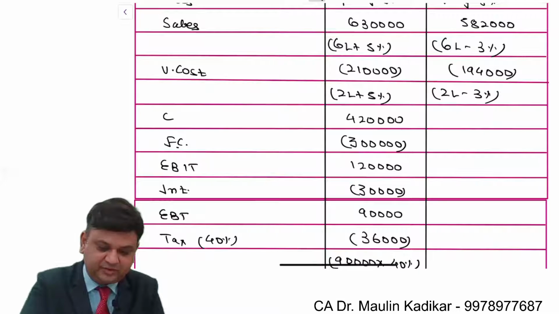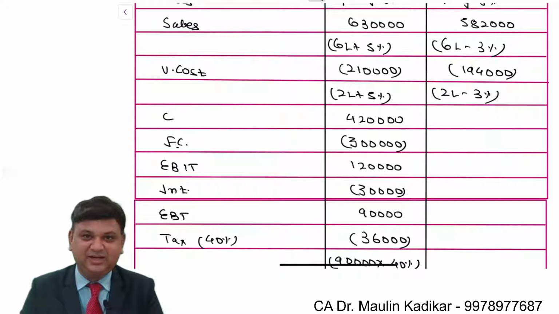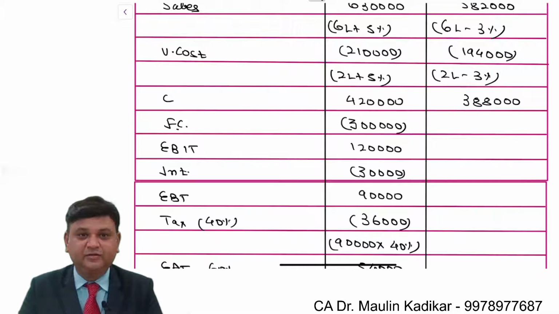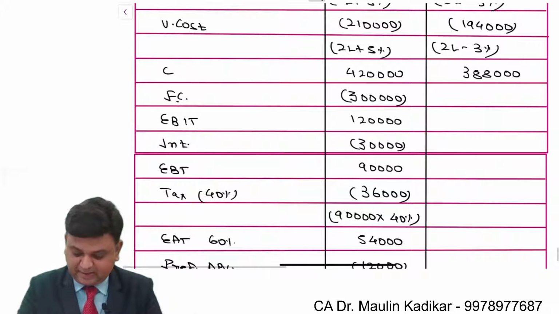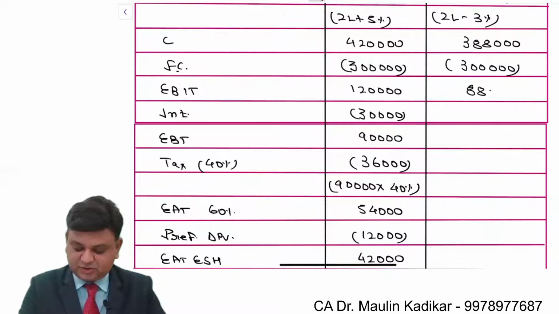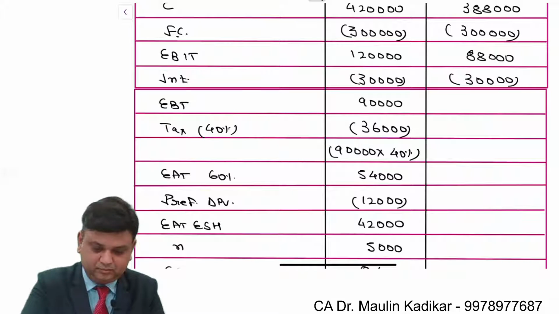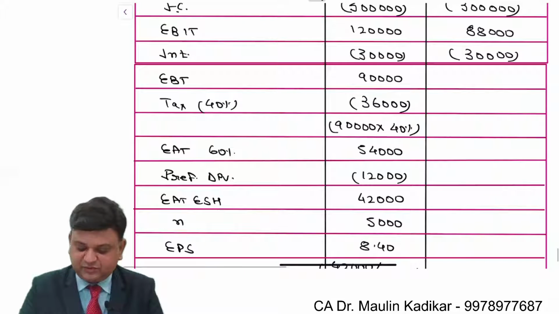Difference between both of them is contribution, 3,88,000. The amount of the fixed cost is 3 lakhs. Operating income is 88,000. The amount of interest is 30,000. So EBT is 58,000.